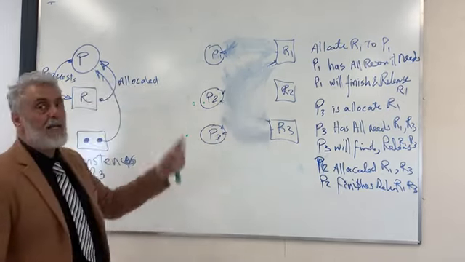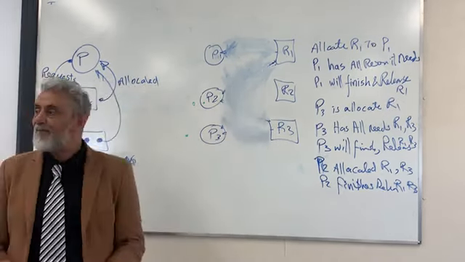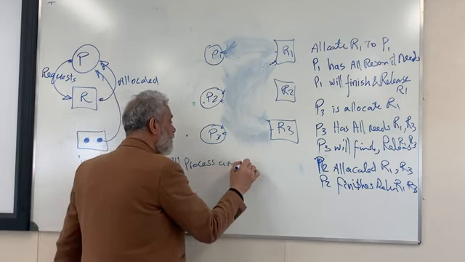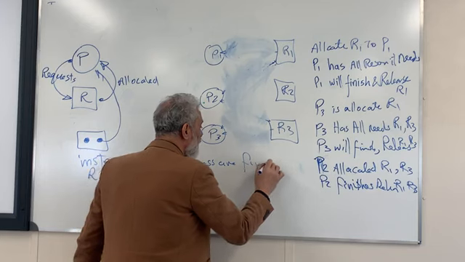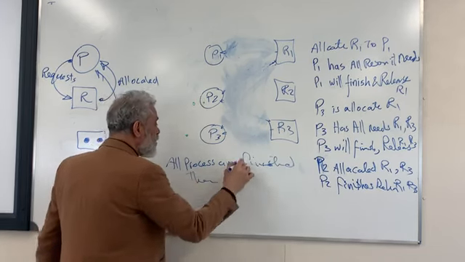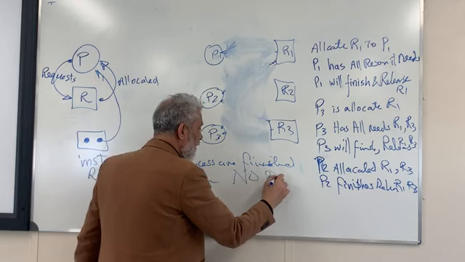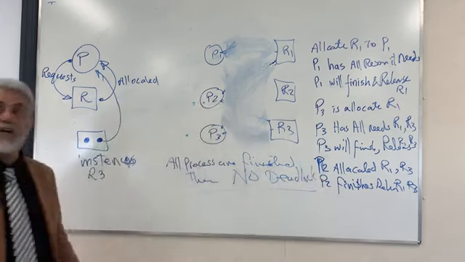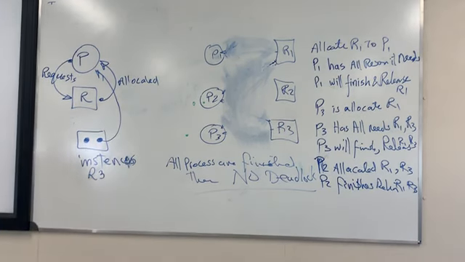Now, all links are done. All processes are finished. So this is the last statement here. All processes are finished, and therefore there is no deadlock. That's how we know the system is in a safe state. There's no deadlock. And we have the sequence.